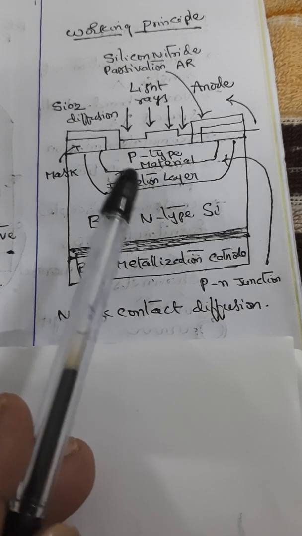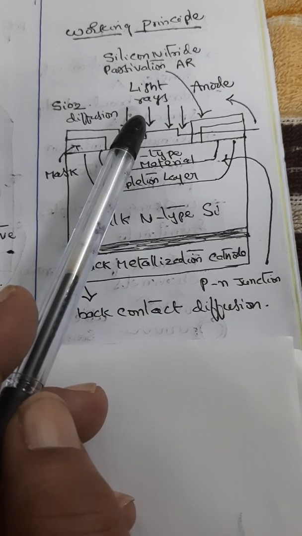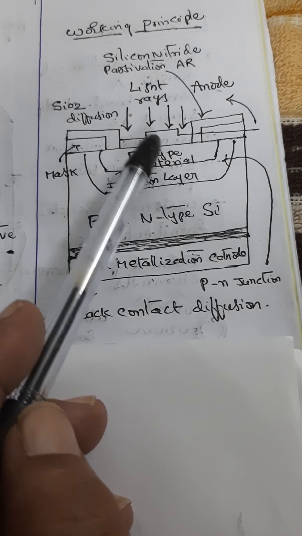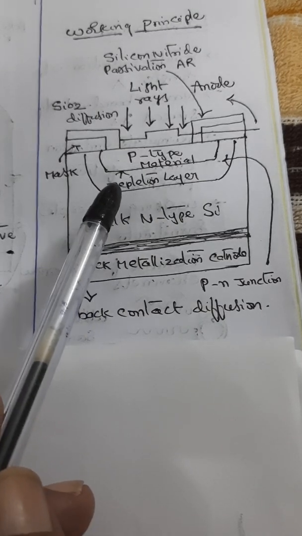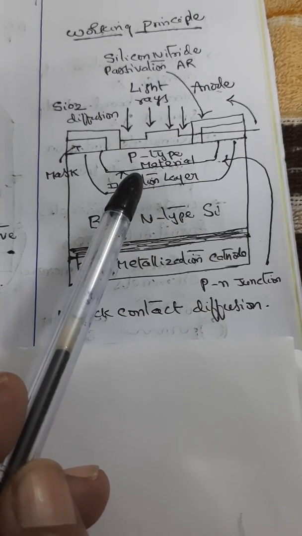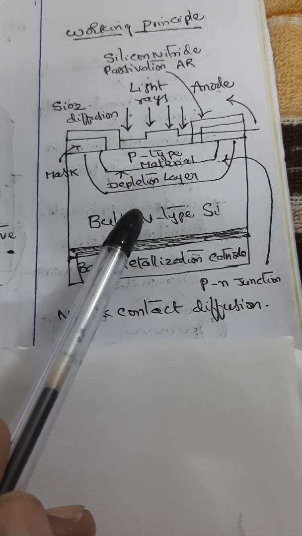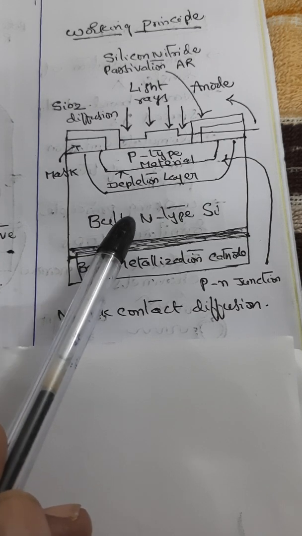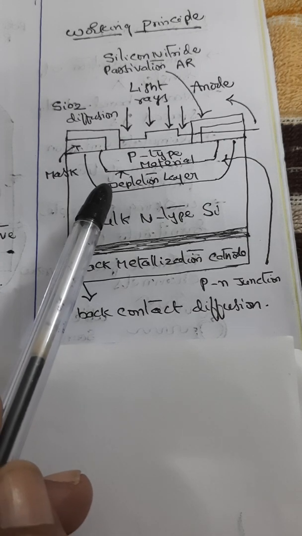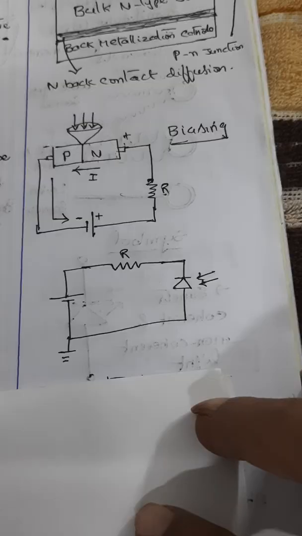The junction of the photodiode is illuminated by a light source. Then the photons strike the junction on the surface. The photons impart their energy in the form of light to the junction, due to which the electrons from the valence band get the energy to jump into the conduction band and contribute to the current. In this way, the photodiode converts light energy into electrical energy.